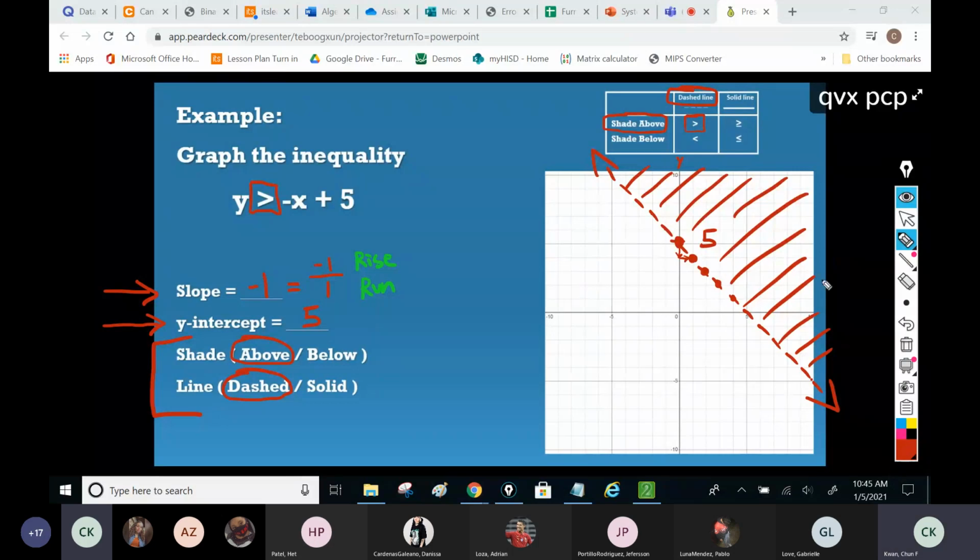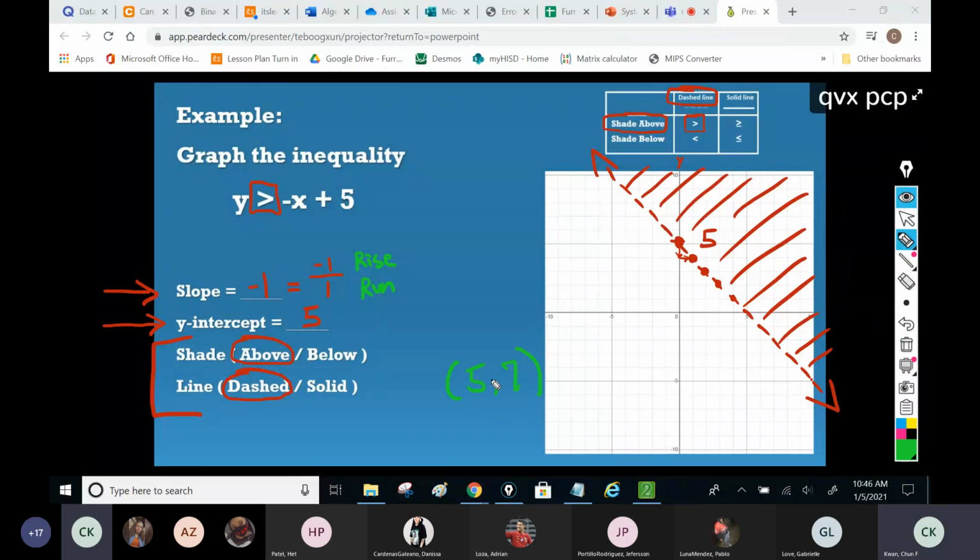So everything that is inside the shaded area, we'll call it a solution. Any spot that is within the shaded area, we'll call it a solution. So let's just say I'm going to ask you something like this. How about the location 5 and 7?